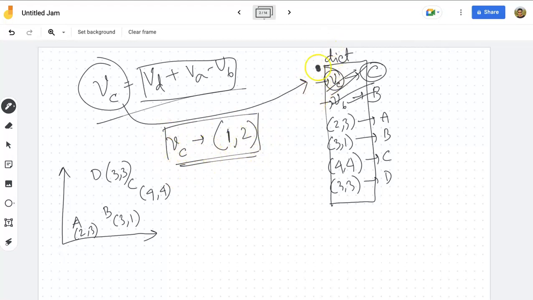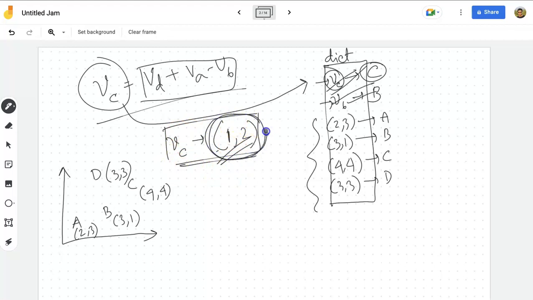Now if we do the simple lookup, there is no embedding for 1 comma 2, so we'll never find the corresponding word C. To get the word, we need to find the nearest embedding.